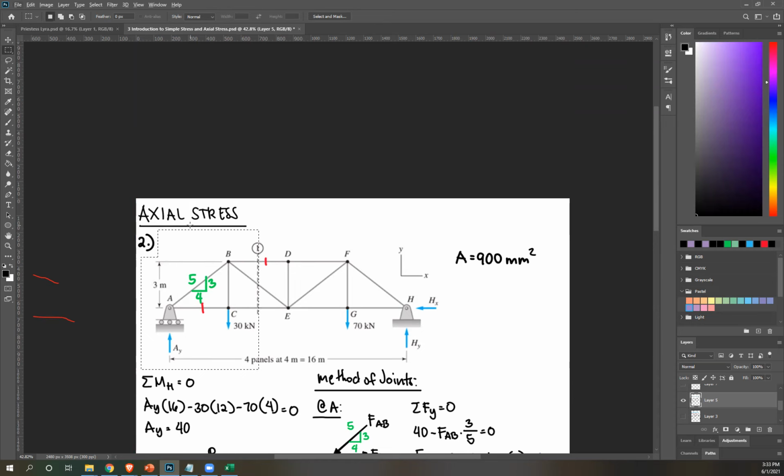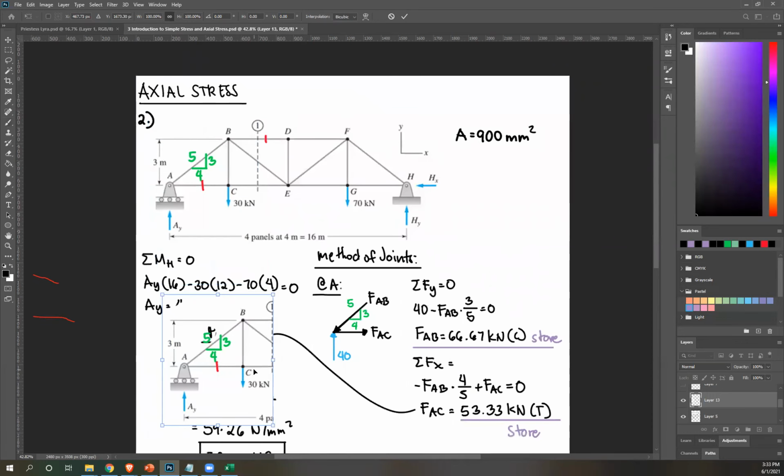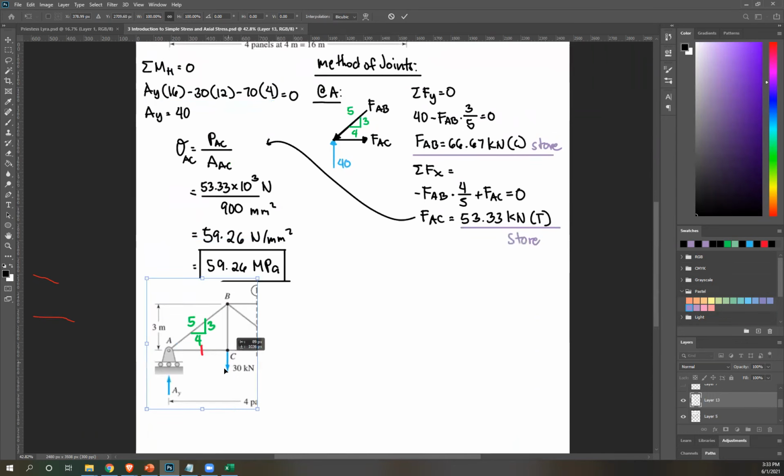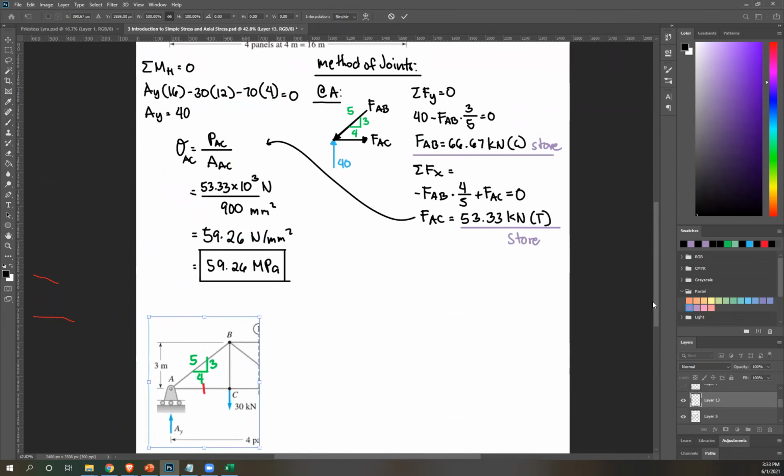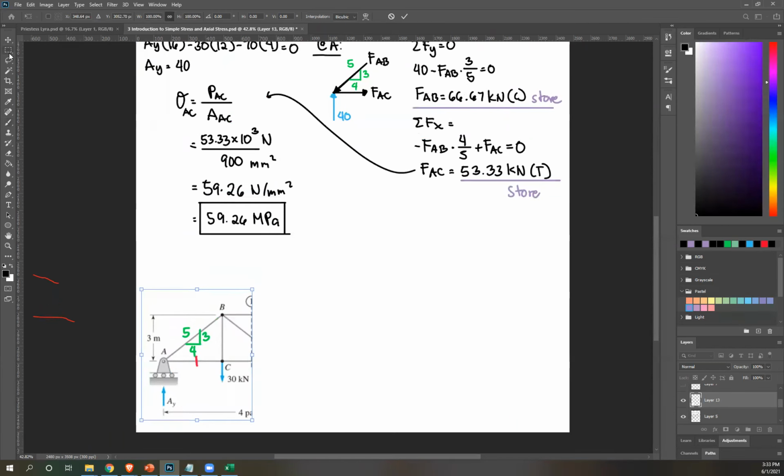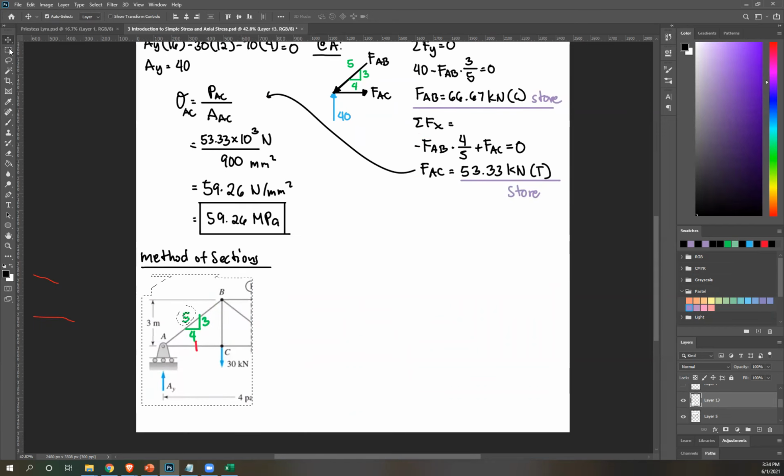Okay. Okay, this is method of sections. Right. So in method of sections, recall we have these forces.